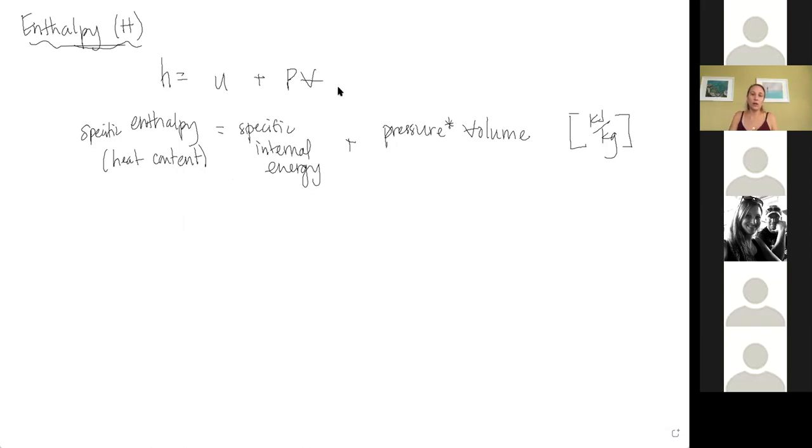So a lot of times we're interested in the specific enthalpy or our change in specific enthalpy, which is going to be our change in internal energy plus our change in pressure times volume. These are all deltas. And we know from what I just wrote that our change in internal energy is also equal to C average times the change in temperature, just substituting in this internal energy term here, plus our change in pressure times our volume.